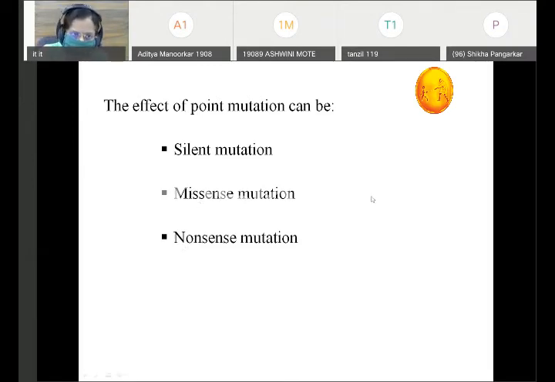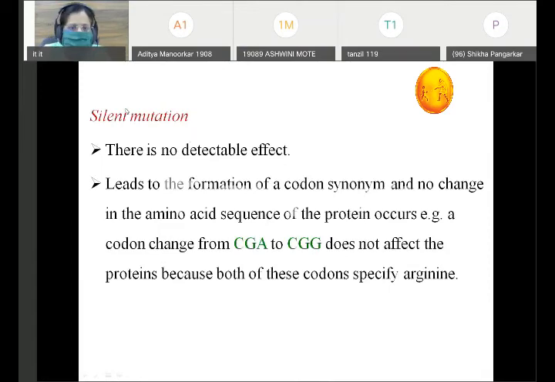Now coming to the silent mutation. This mutation is not detected, leads to the formation of codon synonyms, or no change in the amino acid sequence of the protein occurs. Same thing, because of degeneracy of code.